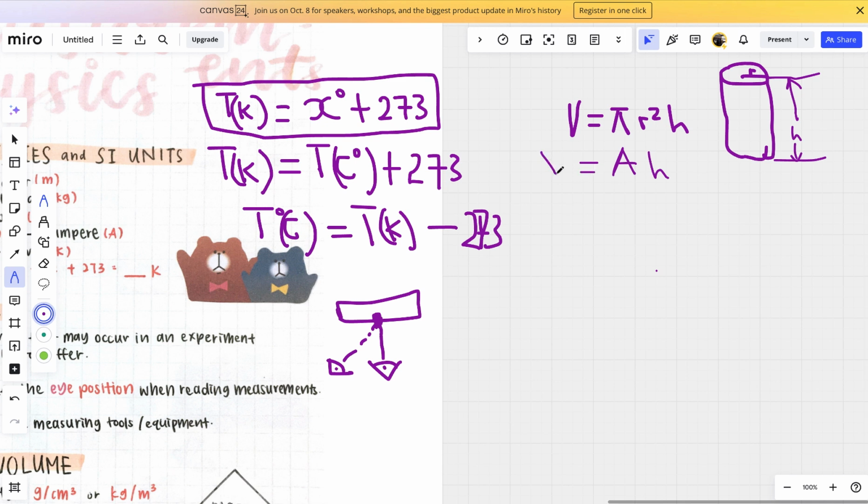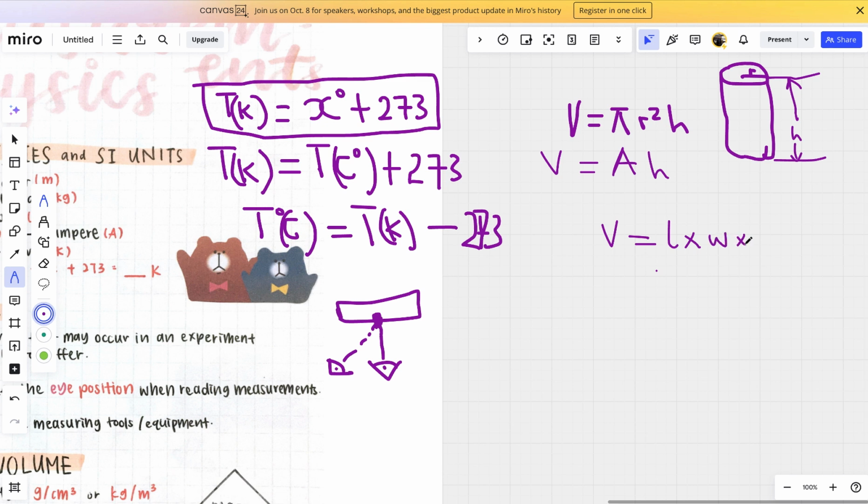So pi r square, the area of the circular part, multiplied by the height or the length, we get the volume of the cylinder. If it's a cube or a cuboid, we can just say the volume is length times width times height. You can calculate the volume.